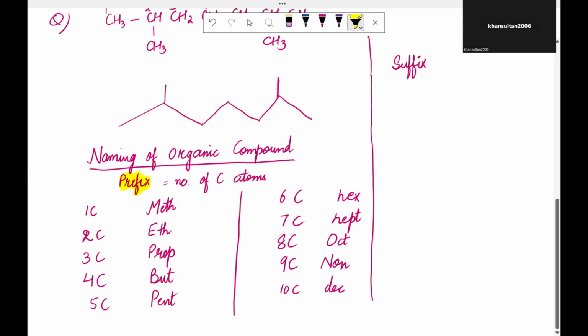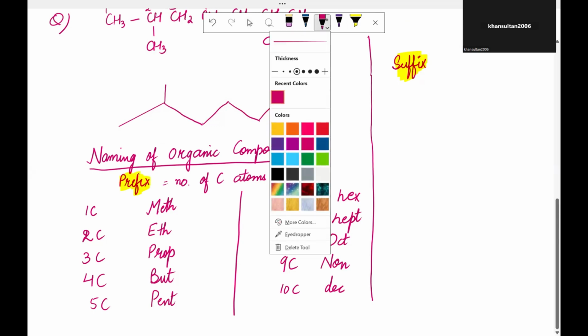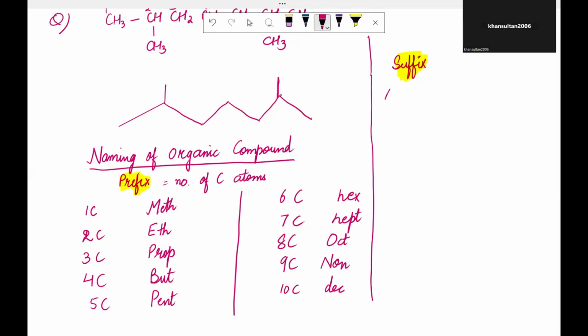What we mean by suffix? For example, if we are having alkane, its suffix would be ane. If we are having alkene, the suffix would be ene.